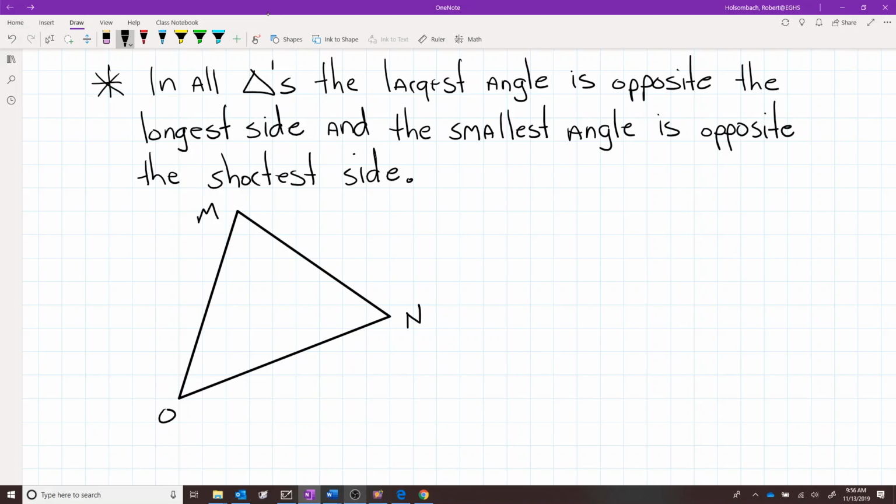Okay, so let's say you get triangle MNO that has really straight sides. And M to N is 10. N to O is 12. And O to M is 19. And now you're asked to order the angles.